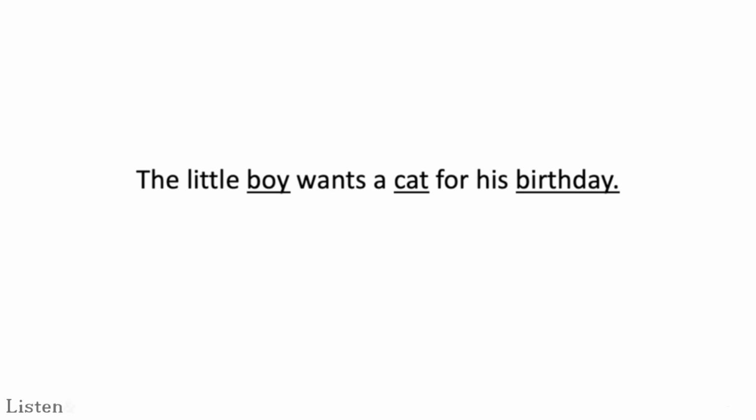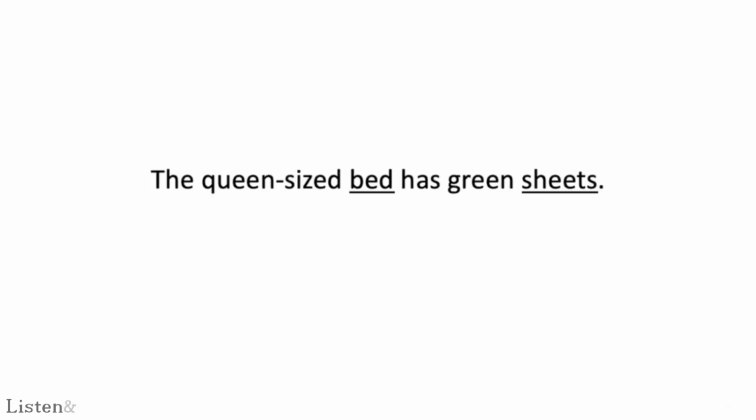Let's practice with some other sentences. The queen-sized bed has green sheets. In this sentence, we have two nouns, bed and sheets. Bed is a singular noun, which means there is only one bed.